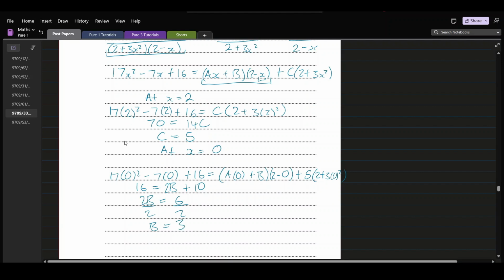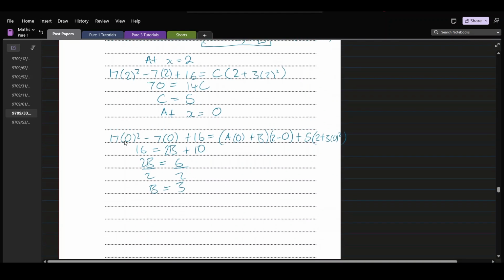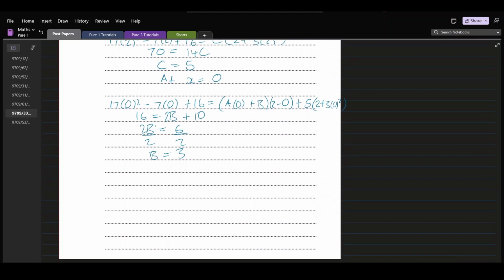And now let's evaluate at x equals 1 to get a. So at x equal to 1, that's 17 times 1² minus 7 times 1 plus 16 is equal to (a times 1 plus b, which we evaluated to be 3), times (2 minus 1), plus c, which we evaluated to be 5, times (2 + 3 times 1²).